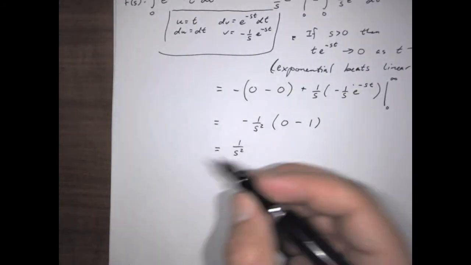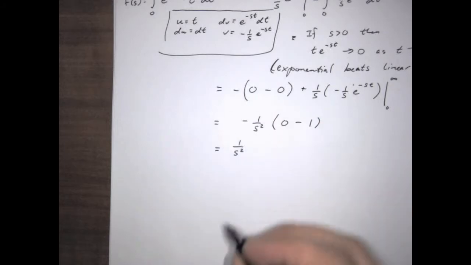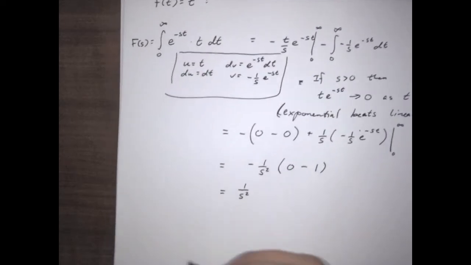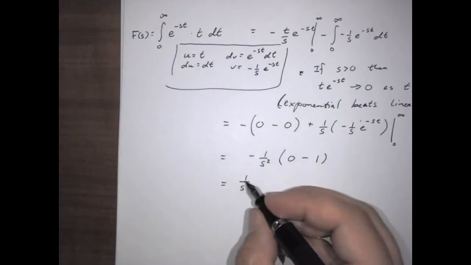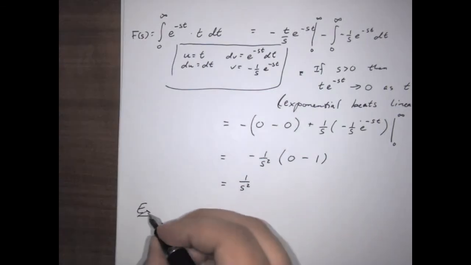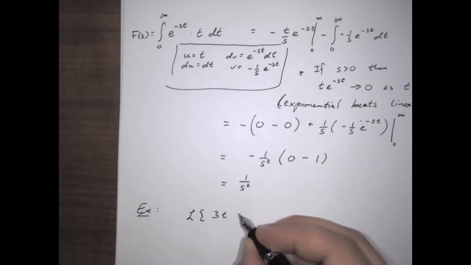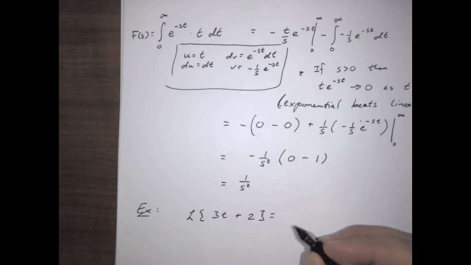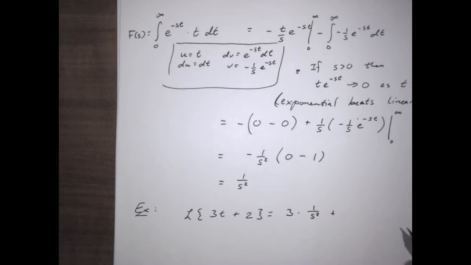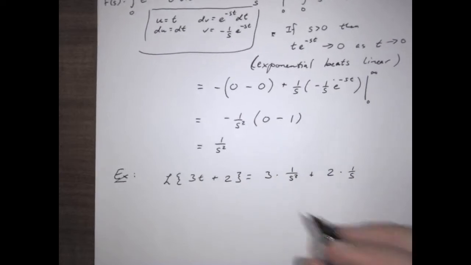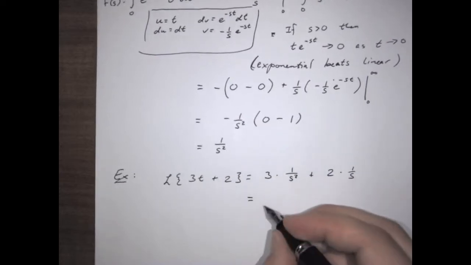Okay, so far we've got the Laplace transform of constants and of linear terms down. So as an example, let's say I wanted the Laplace transform of 3t plus 2. Well then, here it would be just 3 times 1 over s squared, which is the Laplace transform of t, plus 2 times 1 over s, which would be the Laplace transform of the constant term.